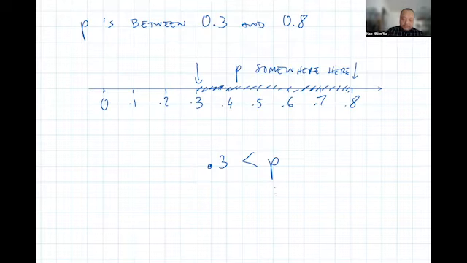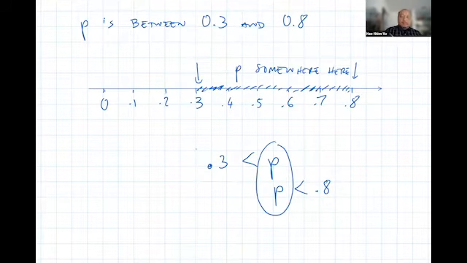So we can write this inequality. Because this p here is in common, we can collapse the two inequalities into one, and we end up with this. And it's called a compound inequality.